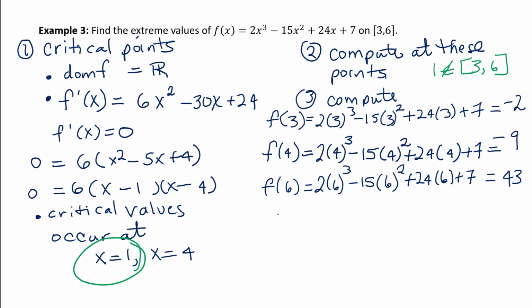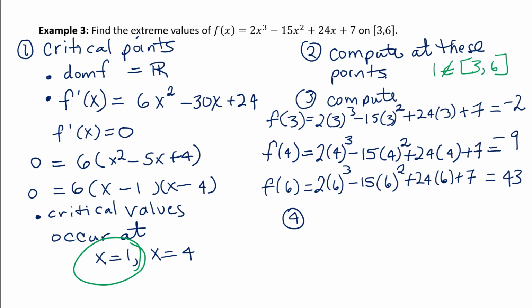And the fourth step of the procedure says that the absolute maximum is the largest value found in the previous two steps, and the absolute minimum is the smallest function value found in the previous two steps.